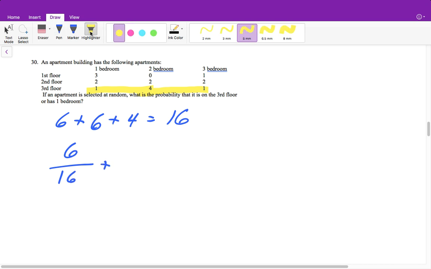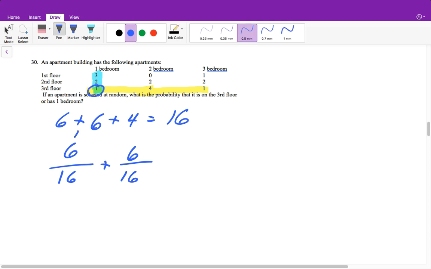And then we will find how many one-bedroom apartments we have, which are these three here. So we have a total of 6 one-bedroom apartments. However, if you notice, we had one apartment that was both on the 3rd floor and one bedroom. So we need to subtract that apartment out because that means we accounted for it twice.